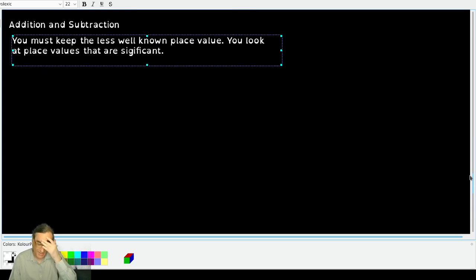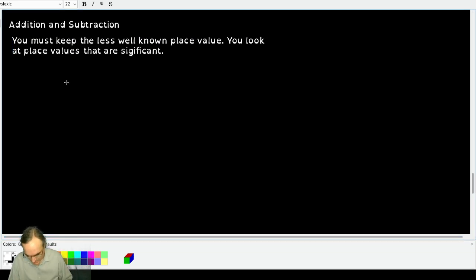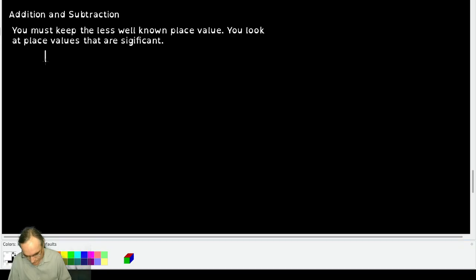Okay, let's see. So, simple example. If you had something like 1.01 plus 0.007, the first number is only known to the hundredths place, the second one is known to the thousandths. If you added them in the normal manner, you'd get 1.017.